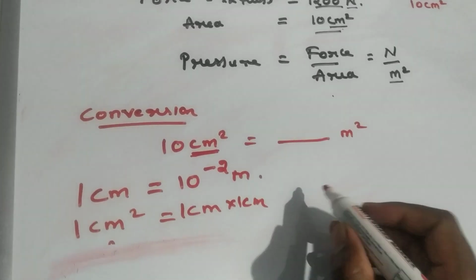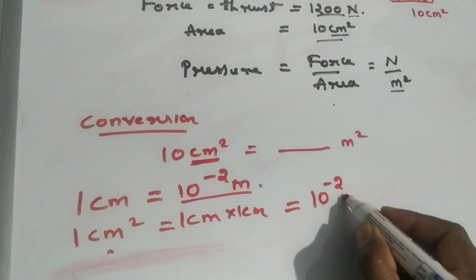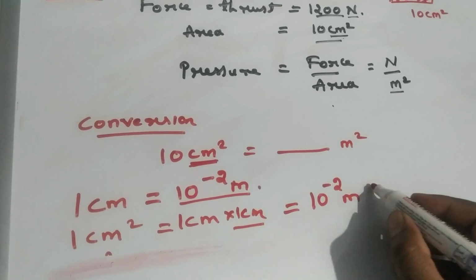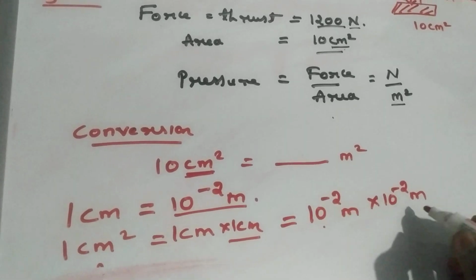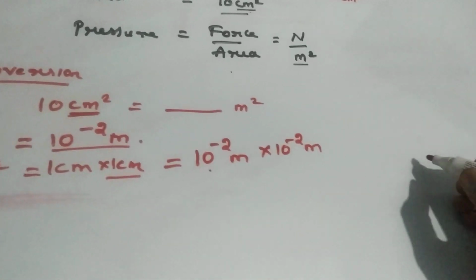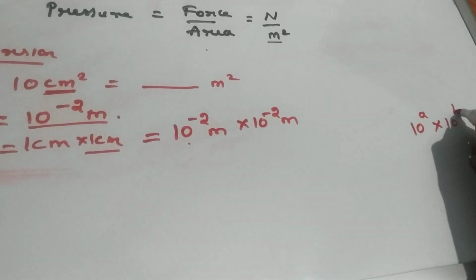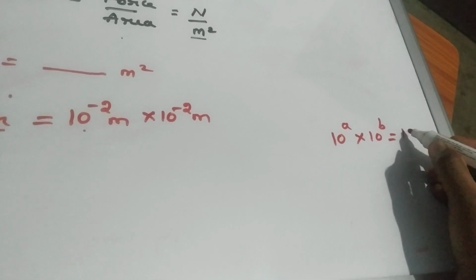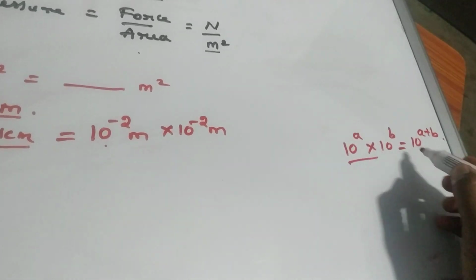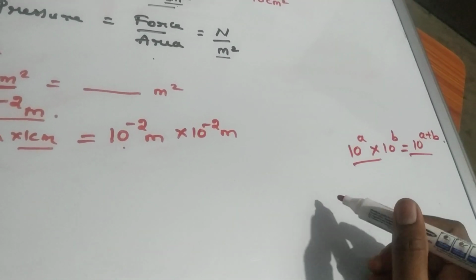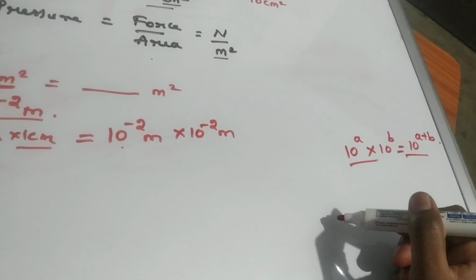Now, 1 centimeter is 10 to the power of minus 2 meter, and the other 1 centimeter is also 10 to the power of minus 2 meter. So 10 to the power of minus 2 into 10 to the power of minus 2. Again, you have to remember the mathematics formula: 10 to the power of A into 10 to the power of B can be written as 10 to the power of A plus B. You learnt this last year in the exponents and powers chapter in mathematics.